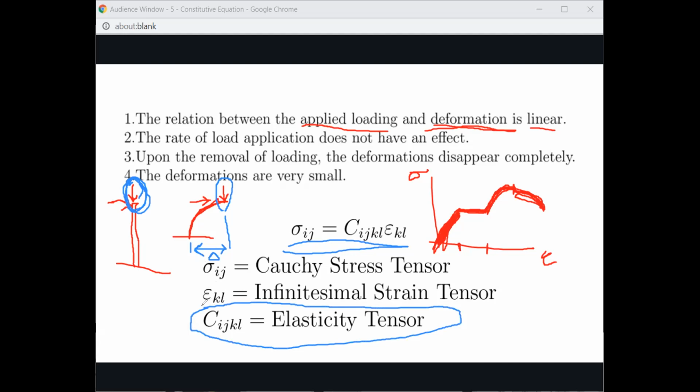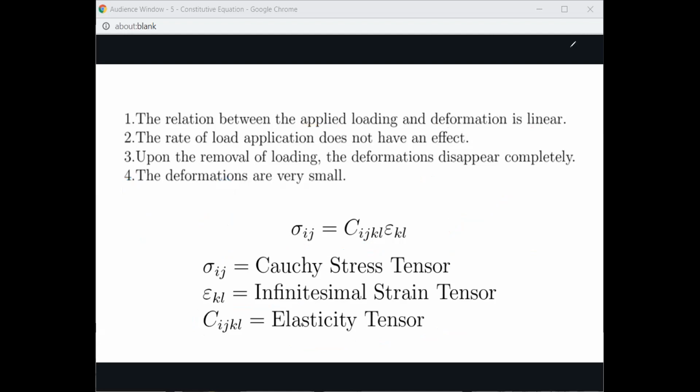Okay, we will try to get that. And this elasticity tensor determines the relationship between these two tensors. Okay, naintindihan yung assumptions, kung bakit may assumptions na ganyan? Yes? And yes. Okay. Sige.